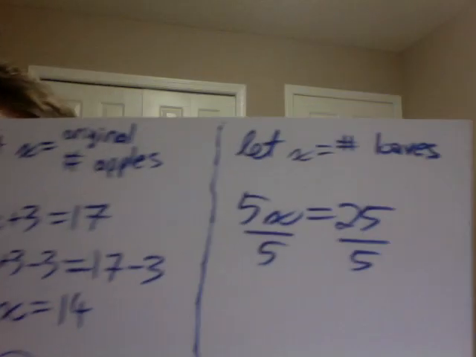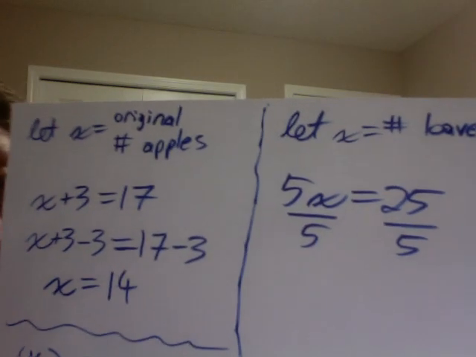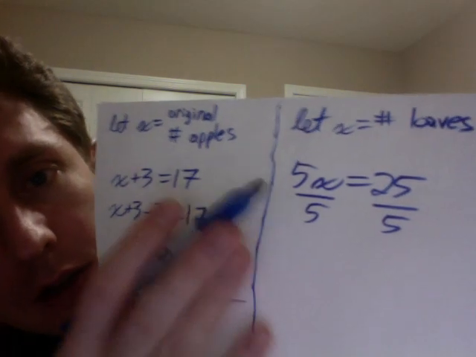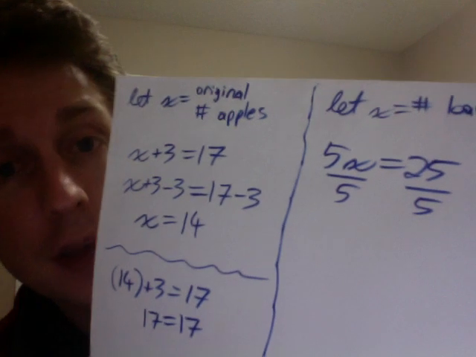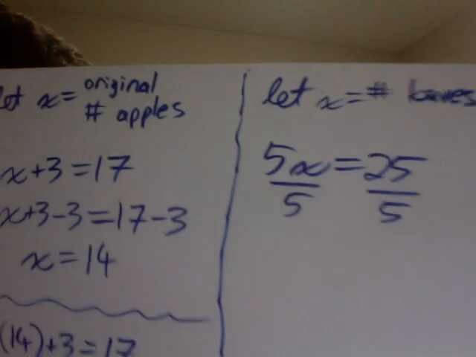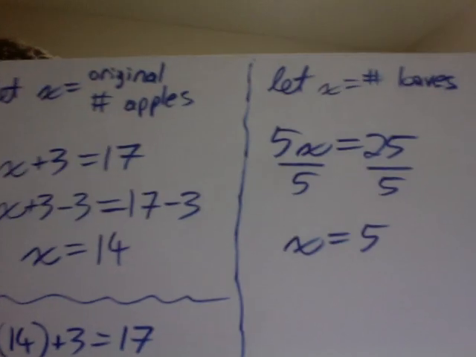So divide by 5, divide by 5. Now, if you're multiplying and dividing by 5, as we are on the left, it cancels itself out. Because it's basically like you're multiplying or dividing by 1, which is just the same, not going to change the number. Okay? So we just have x on the left side, and 25 divided by 5 equals 5 on the right side.